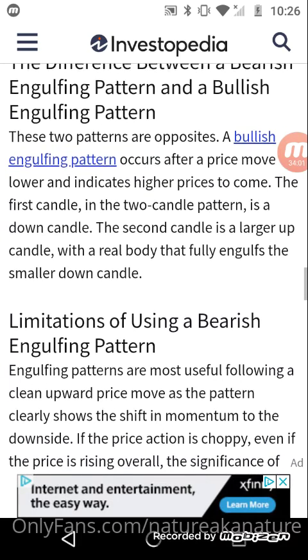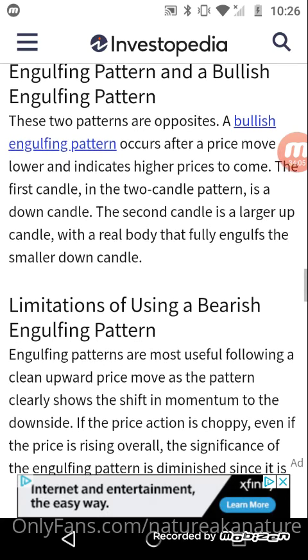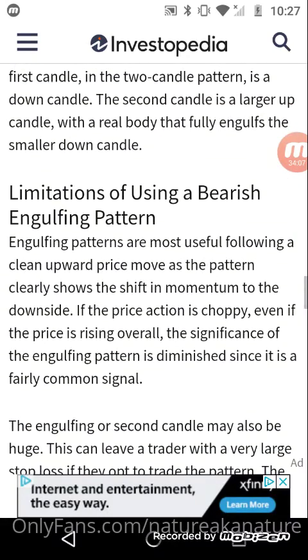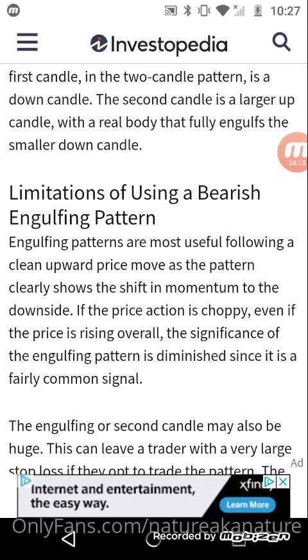We still have some more dual candlestick patterns we gotta go over. I just wanted to show y'all these two major ones, because you're gonna see these two major ones a lot in the market. These patterns usually form after a shift of momentum, after a downtrend or an uptrend. For bearish, it will be an uptrend, and for bullish, it will be a downtrend.